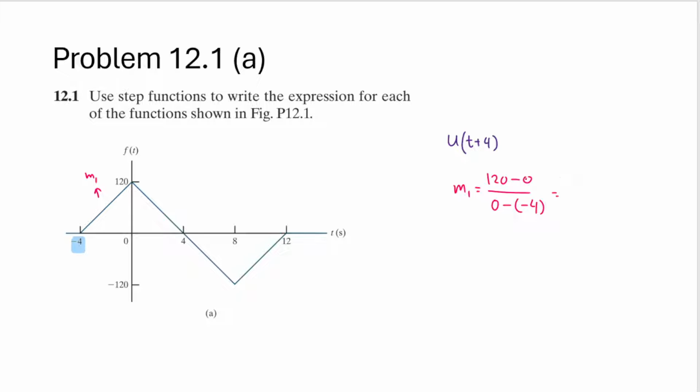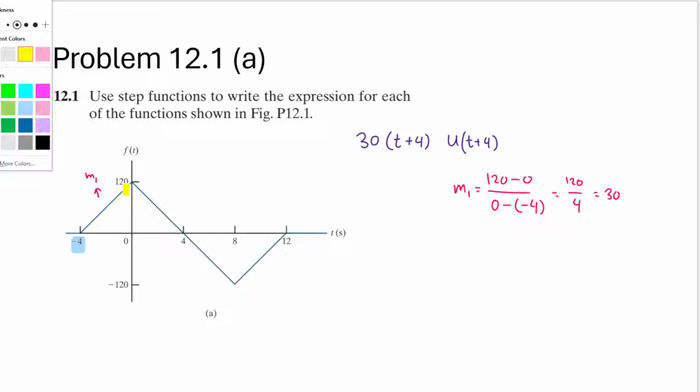Let's calculate that. We have 120 divided by 0 minus 4, which is the same as 0 plus 4, so we'll have 4 here, and we will have 30 here. Remember that we have a ramp function with slope of 30, shifted 4 units to the left. So we will have 30(t + 4).